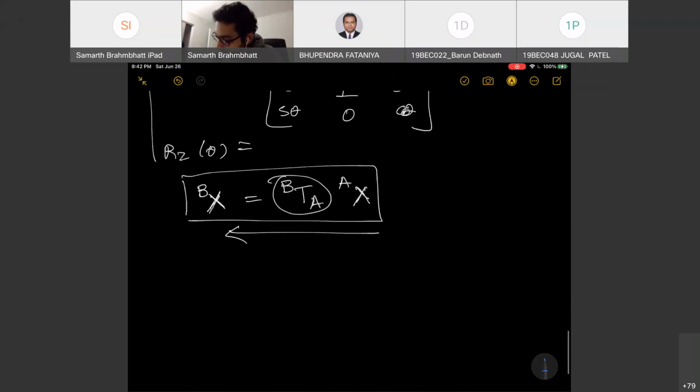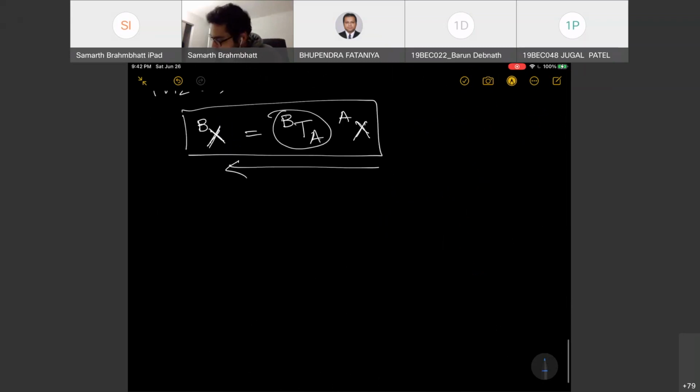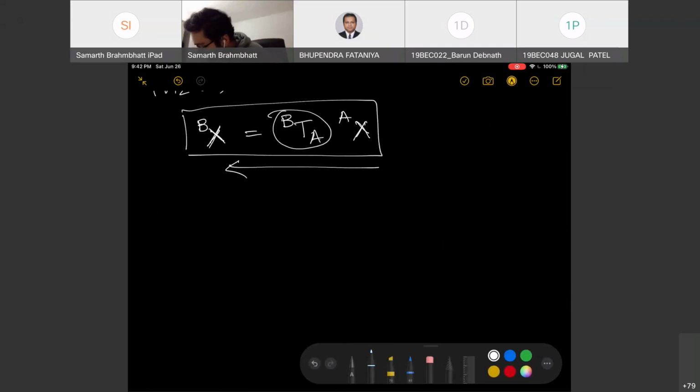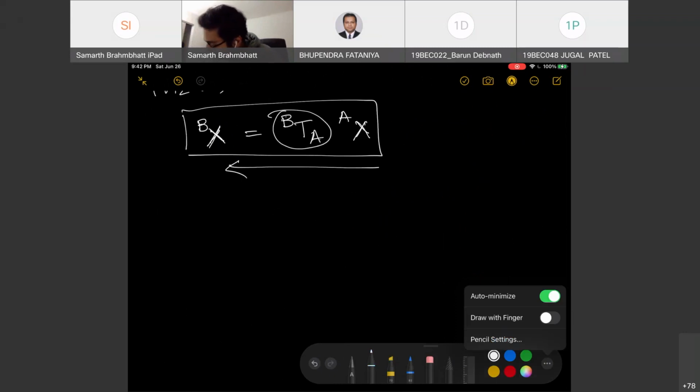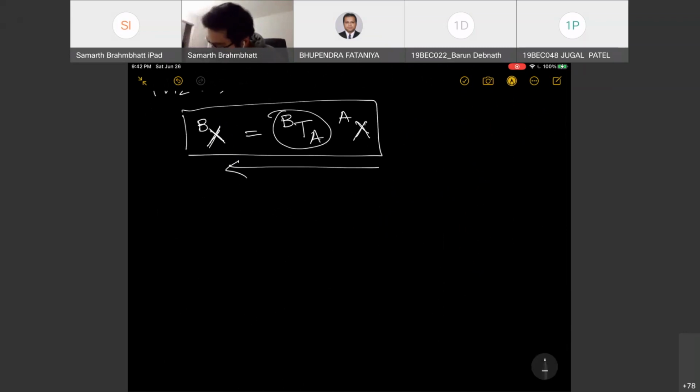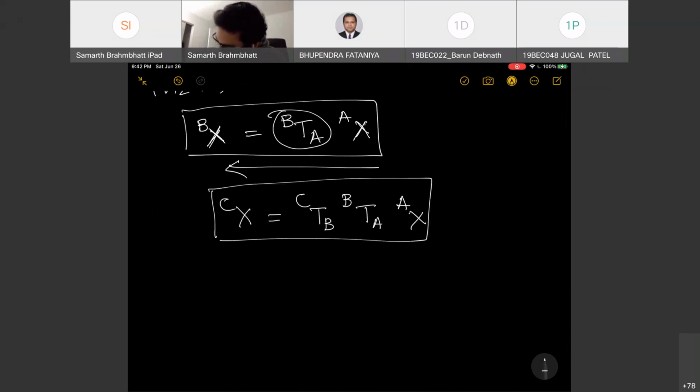And you can actually derive it yourself, but I'm just going to write it over here. So again, you start in the A coordinate system, you go from A to B, then you go from B to C, and finally you have your point in the C coordinate system, right?